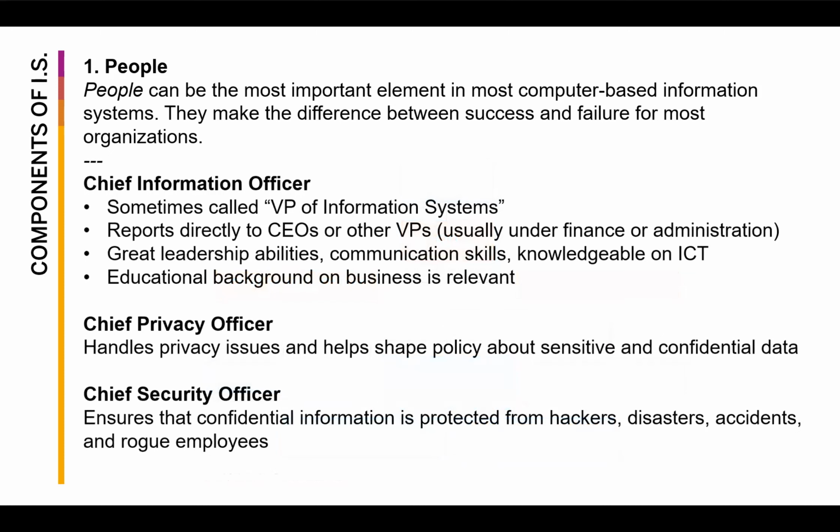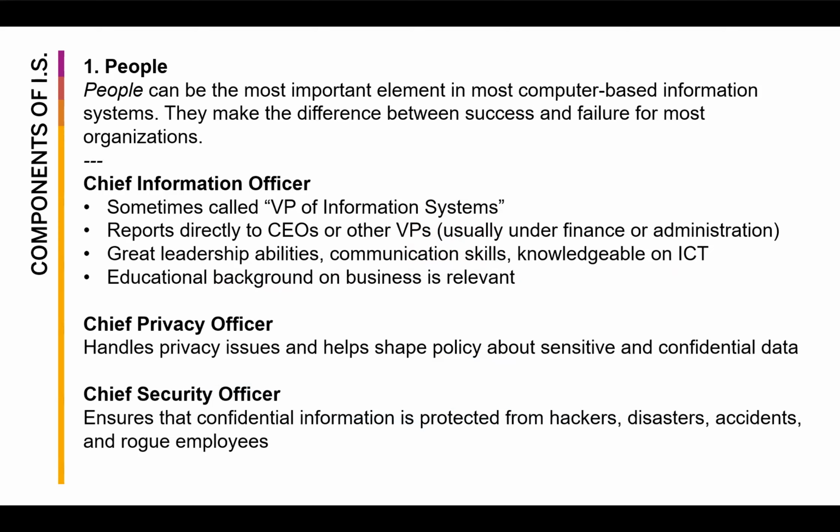So the first one is, of course, the chief information officer, who is sometimes called the vice president of information systems. They report directly to the CEO to make sure that the strategies are aligned, or at times when the business is not that wide scale, or the use of technology is not that prevalent in the organization, that person can be under another vice president, such as finance or administration.